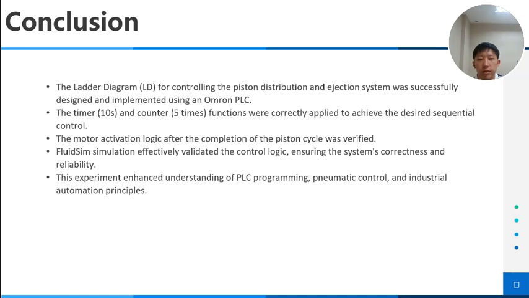This experiment has significantly improved my understanding of PLC programming, automatic systems, and the principles of industrial automation.